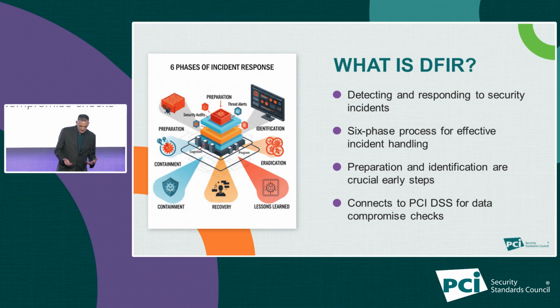So within the identification phase, particularly with an incident involving networks, a critical source of information for us is well-maintained firewall logs. So we're going to look at traffic logs, we're going to look at VPN logs, and we're going to use them to identify the volume of data that has been extracted from the network.